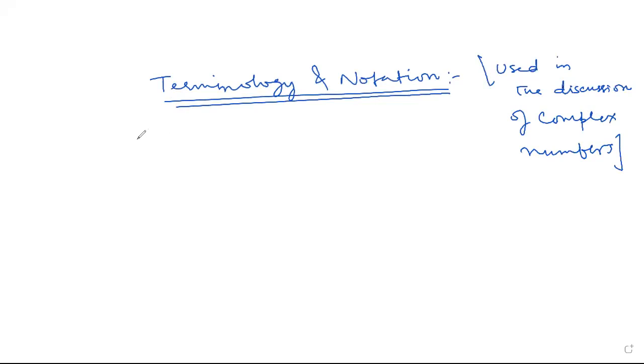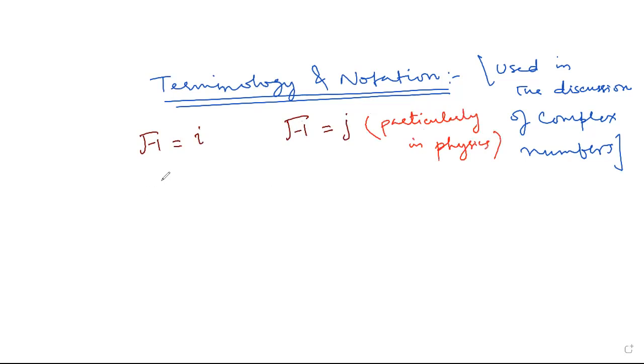So in the last lecture we said square root of -1 is denoted by iota. We also denote square root of -1 by the letter j, particularly in physics, right?